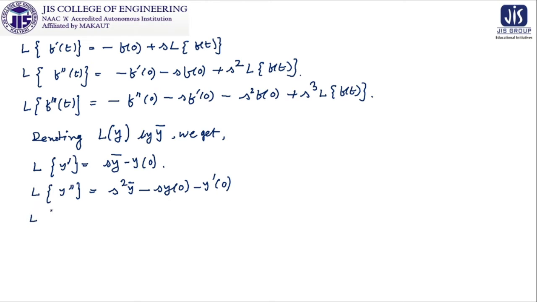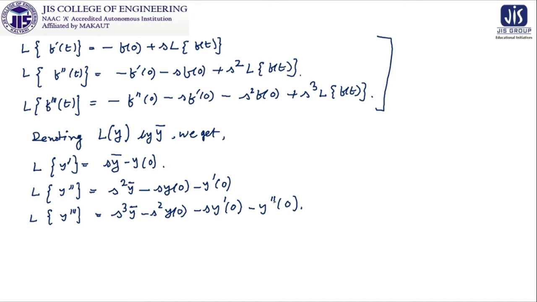And for the next part, the Laplace transform of y triple dash is equal to s cube y bar minus s square y(0) minus s y dash 0 minus y double dash 0.